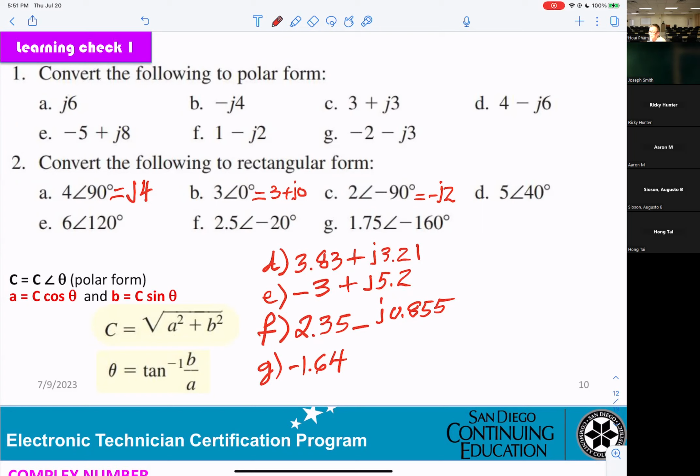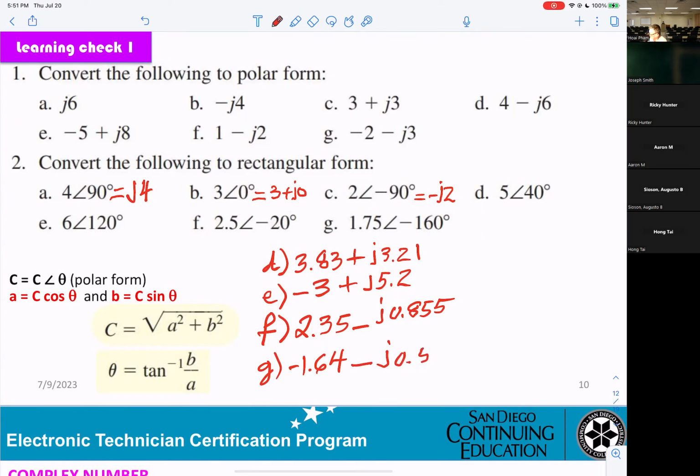And the second number is going to be minus J 0.5985. All right.